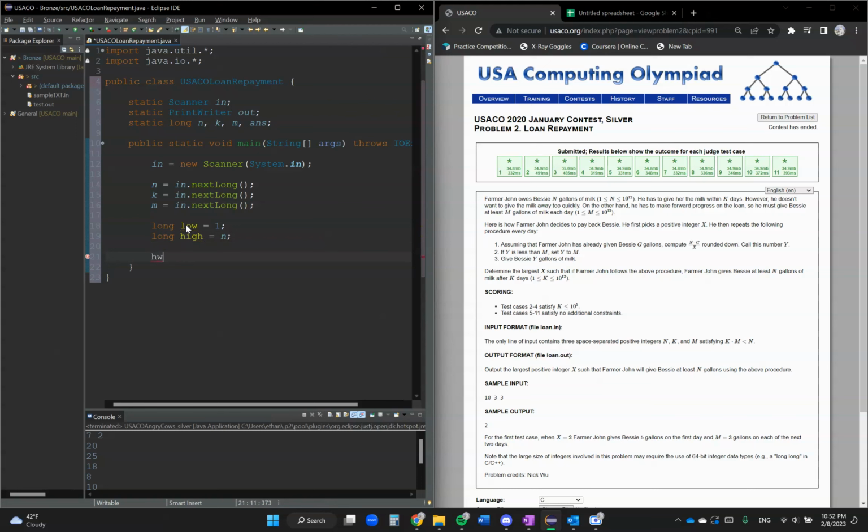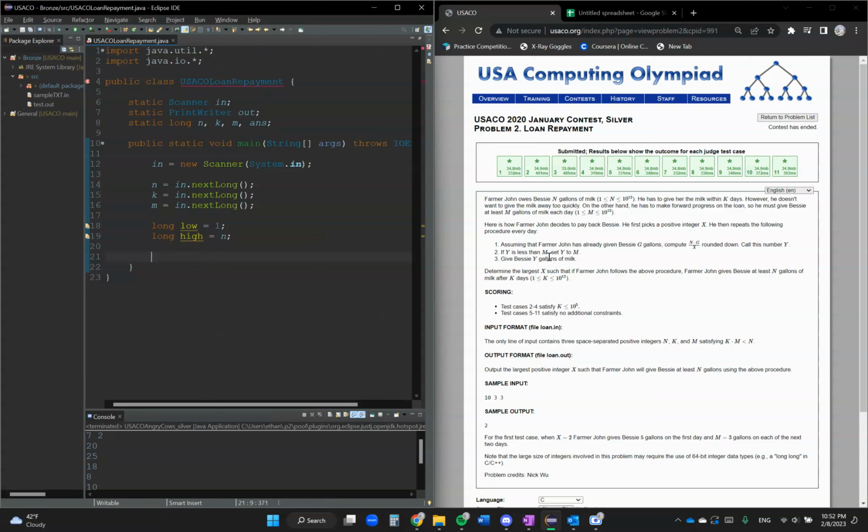And so what we're going to be doing is looking at the value right in between low and high, so the average or the middle of the two values. And then we're going to be checking if this value allows Farmer John to give Bessie at least n gallons of milk after k days.